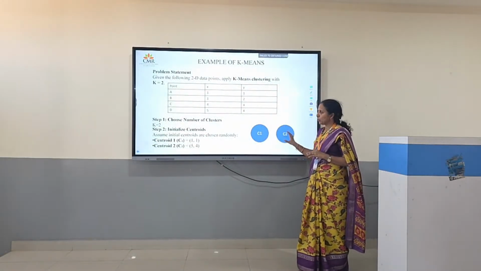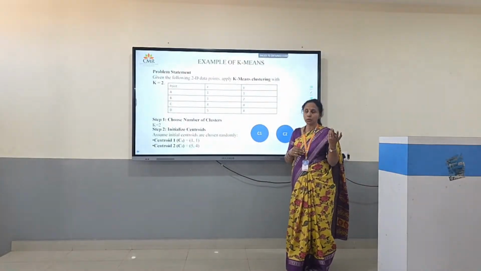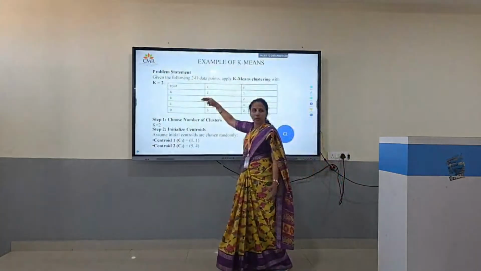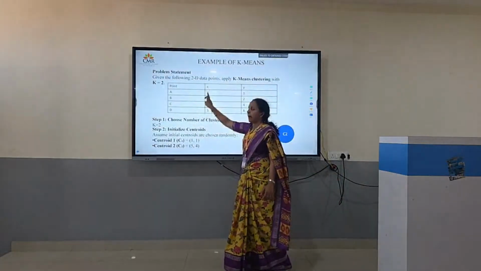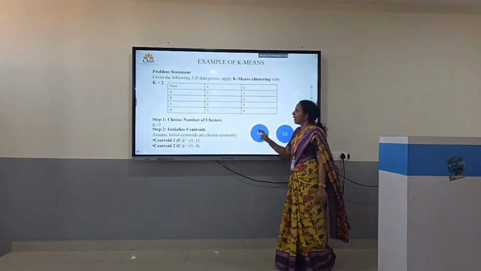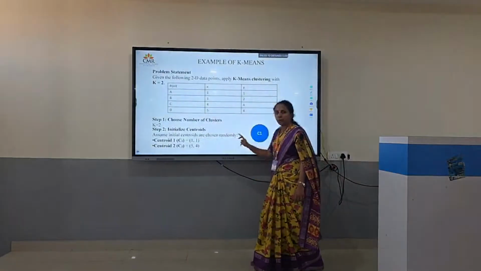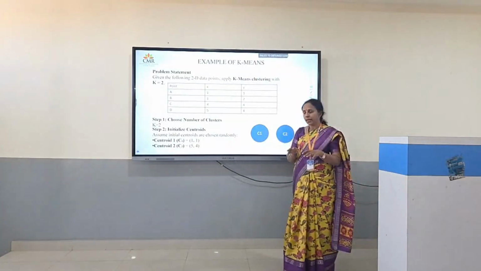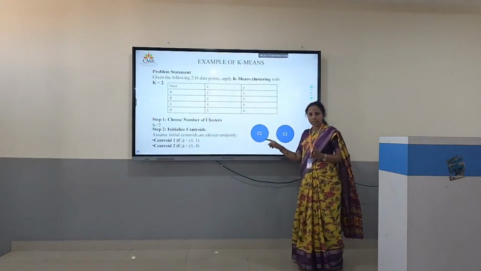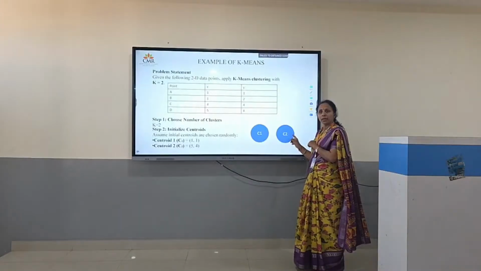In these 2 clusters, we have to randomly choose centroids. You can take A, B also, you can take C, D also. But here we are taking A as centroid for C1 and D as centroid for C2. So by default, A went to cluster 1 and D went to cluster 2.